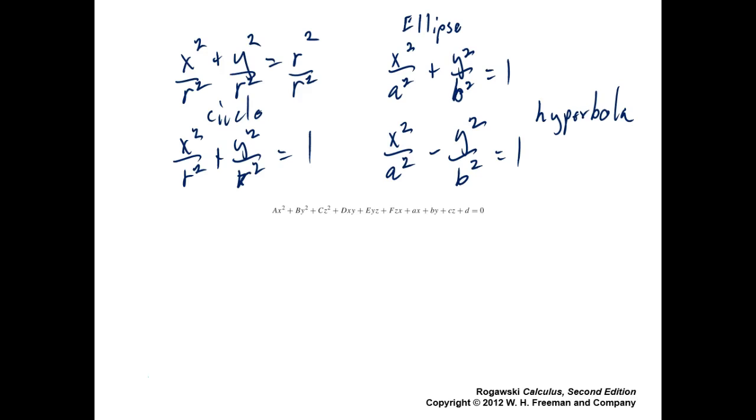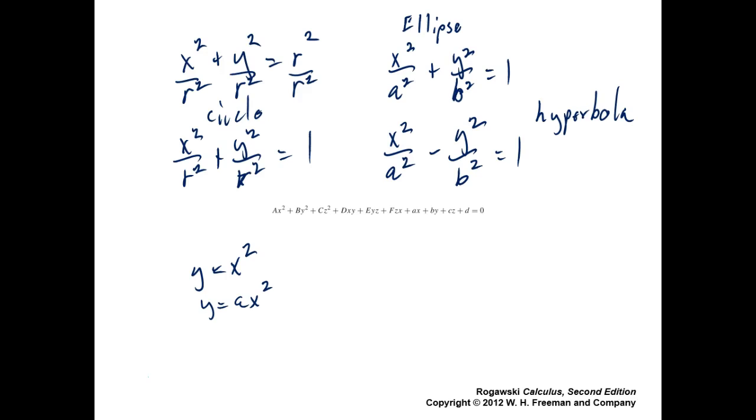Now, parabola. y is equal to x squared, or y is equal to ax squared, or something like that. That's your parabola. Now you can add other terms in it and stuff, but that gets off standard position.